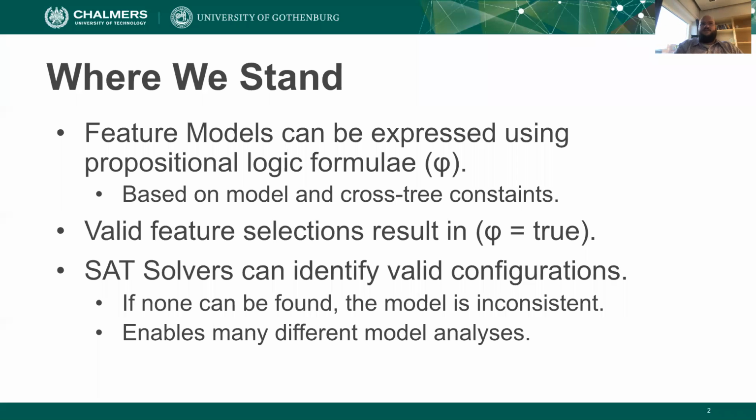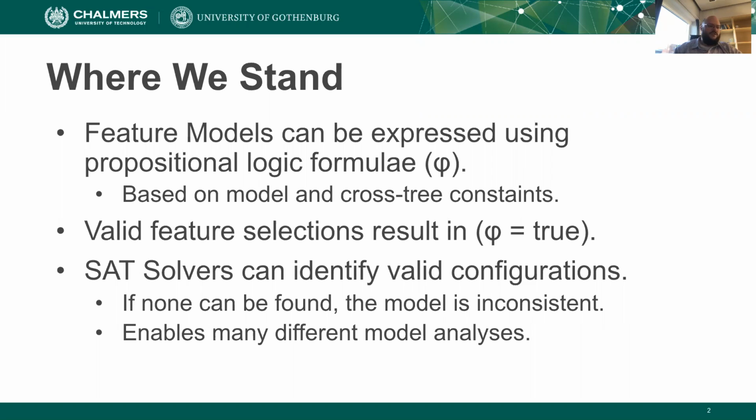If no feature selections can be found that are valid, then the model is inconsistent and there's some kind of problem with it. And that core idea that we can take this formula and put in some selections for the features and see what comes out in the end results in all sorts of different analyses we can perform.